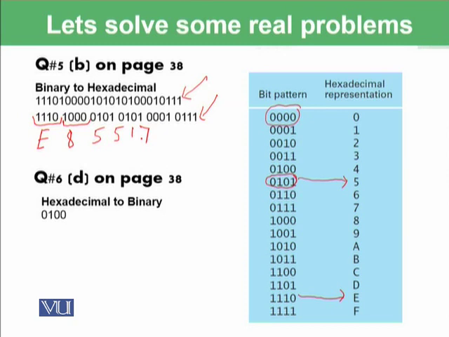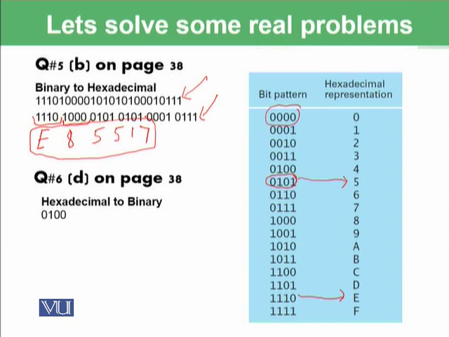Such a large number has 1, 2, 3, 4, 5, 6 groups, 6 into 4, 24 bits. These 24 bits were difficult for humans to remember, recall, comprehend and use. But these 6 symbols can easily be comprehended and understood by humans.